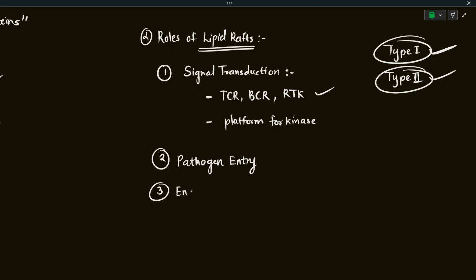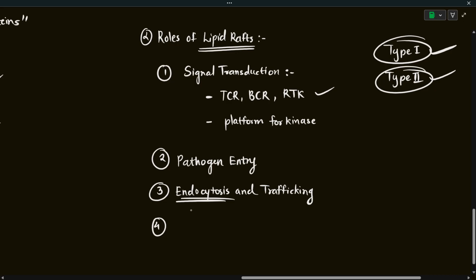Lipid rafts also mediate endocytosis and trafficking, so they have a role in trafficking as well. Clathrin-independent endocytosis or caveolin-dependent endocytosis is seen in the lipid rafts.